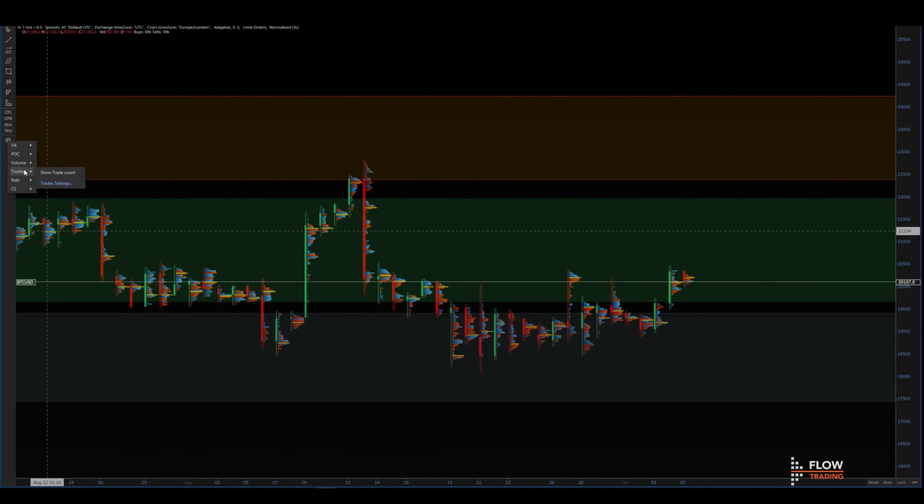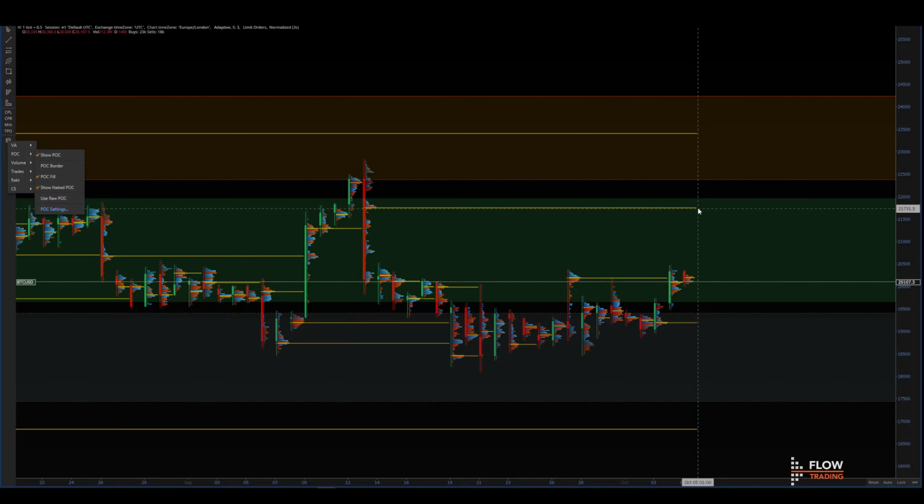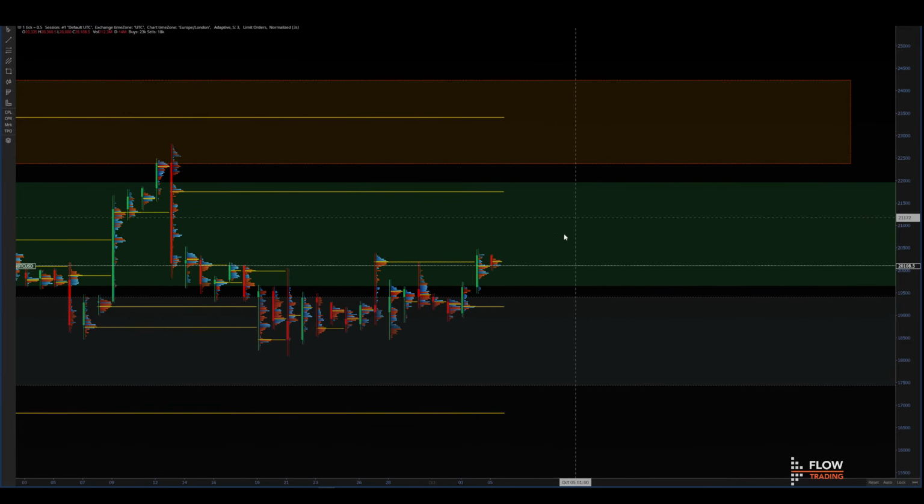If I put the naked points of control on again, we've got a naked point of control here at 21,700. It's very close to that value area high there, or the composite or the balance high, right? We've taken out this naked point of control here. We've left a naked point of control down here at 19,190.